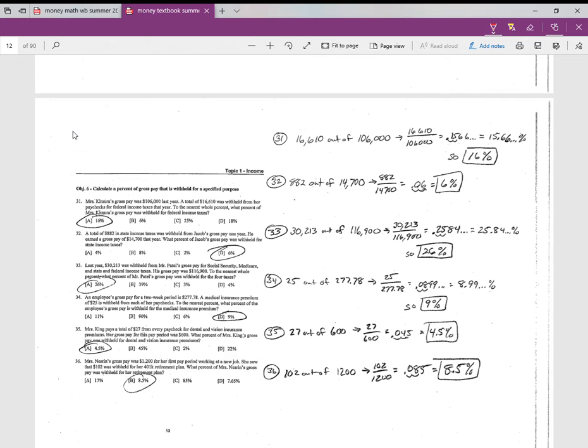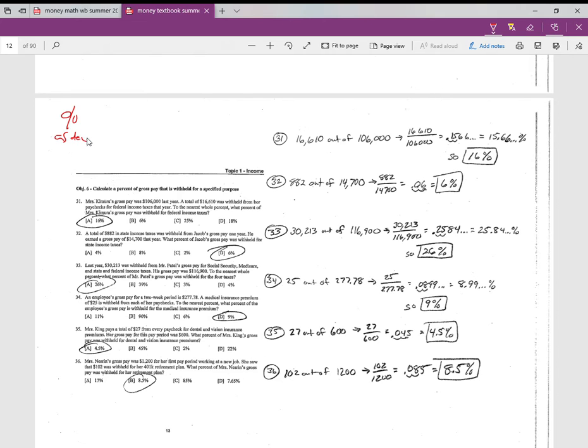If you remember from percents, there's a percent formula and a percent equation. The quicker way to do this type of problem is to use a version of the percent equation, and the way to do that is you want the percent, and this would be as a decimal.